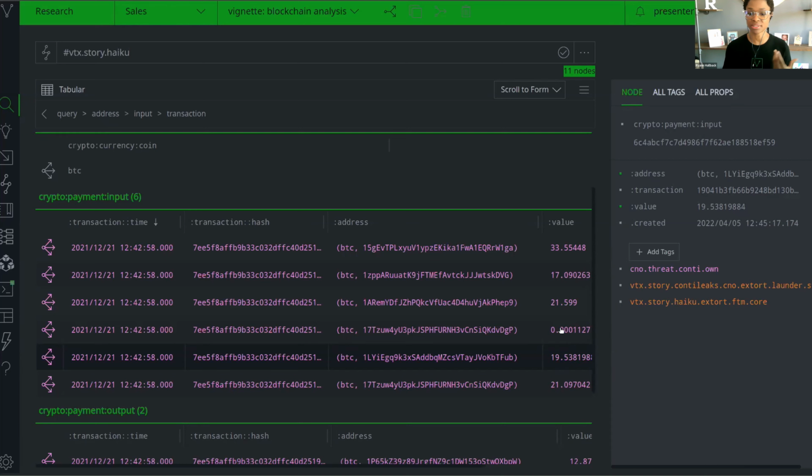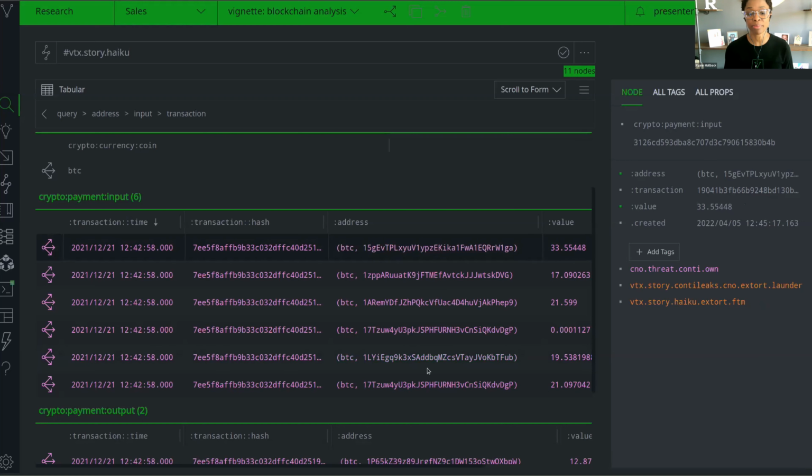The 19 BTC, 20 BTC, 33 BTC, at that time, it's a range of $1 million to nearly $2 million. That's not chump change. That's not normal money to pay for HVAC repair. So this is indicative of victim payments being made to Conti.